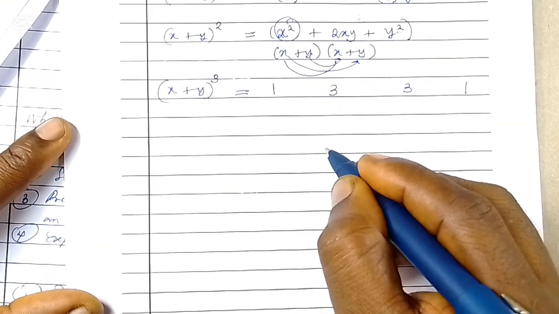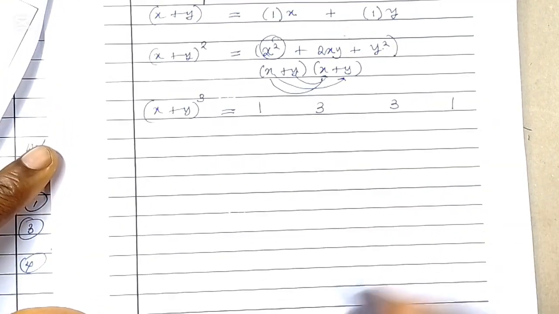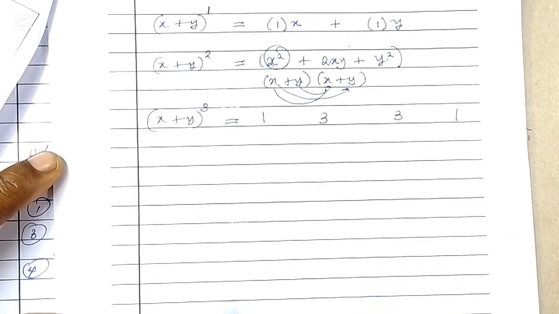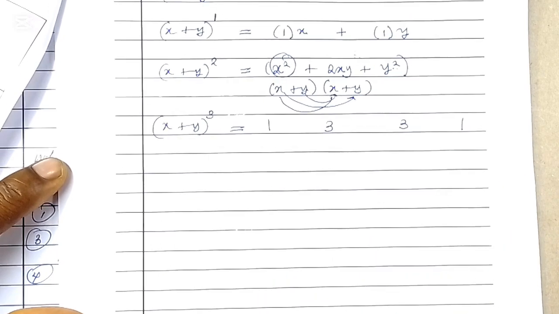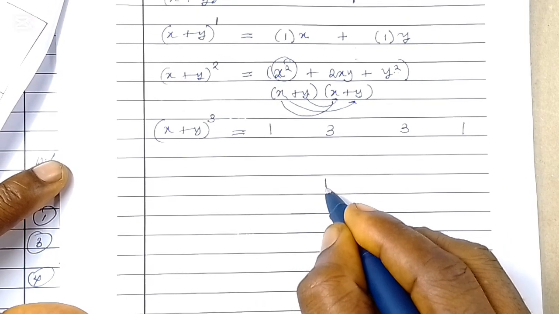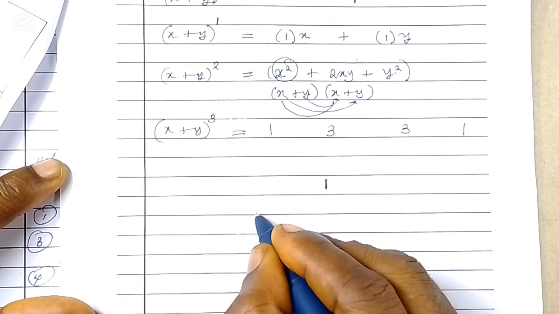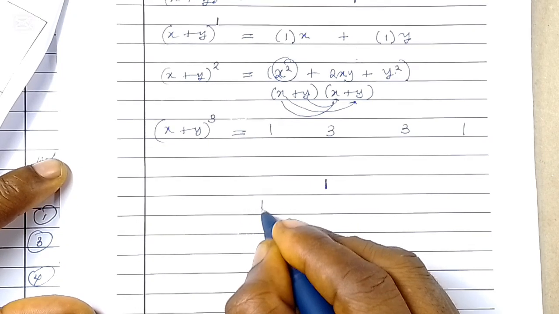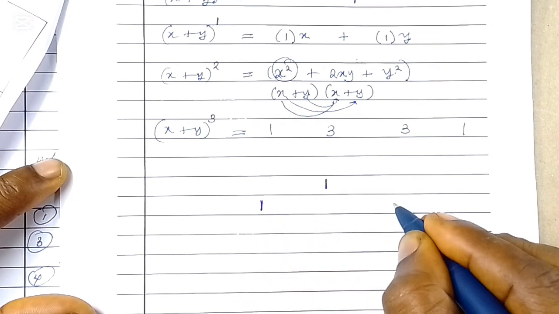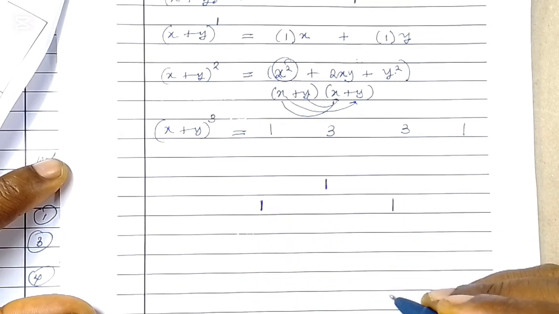So let's look at it again. According to Pascal's triangle, this is what the coefficients of an expansion will be. For an expansion that carries the power 0, the coefficient will be 1. For an expansion that carries the power 1, the coefficients will be 1 and 1.